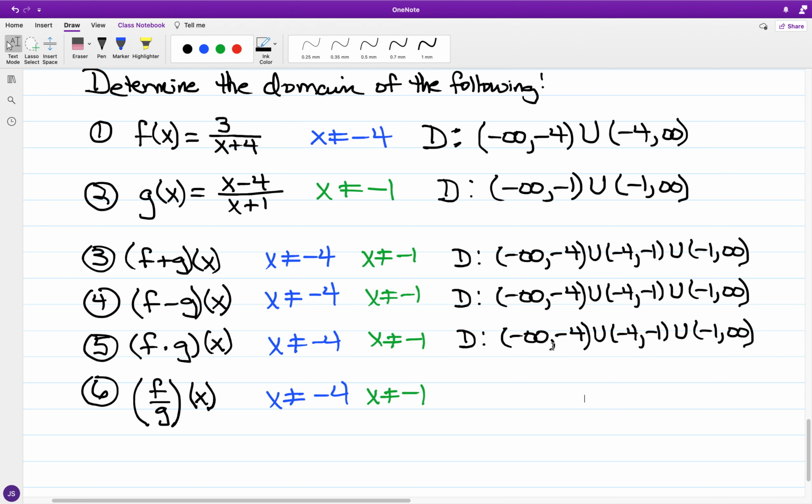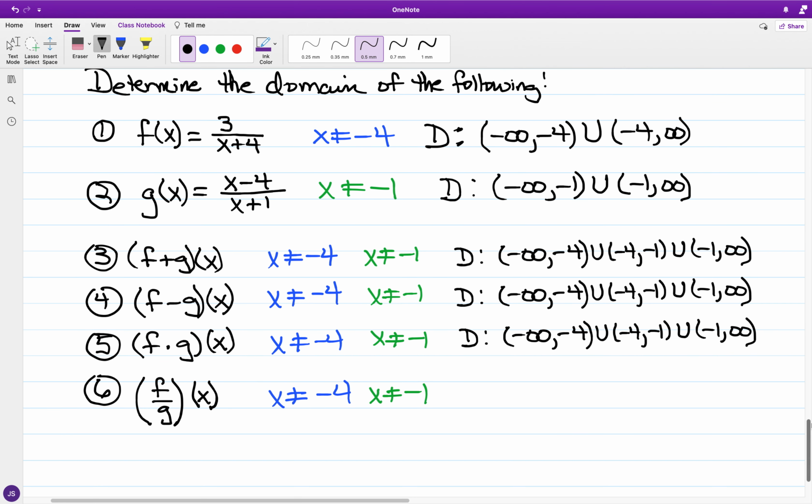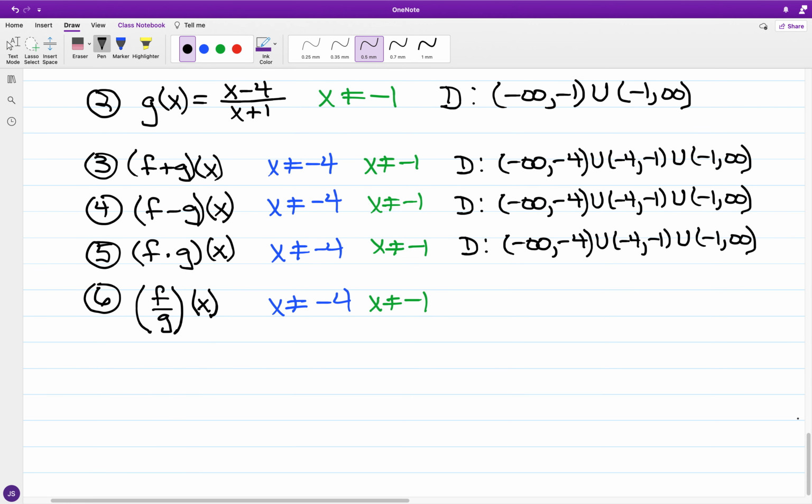Now, in the case of the quotient function, we're still going to have negative 4 and negative 1 left out, but there can still be a different domain throughout. Again, just for f over g of x, to see if there's any key detail that has not been presented in terms of any possible restrictions.